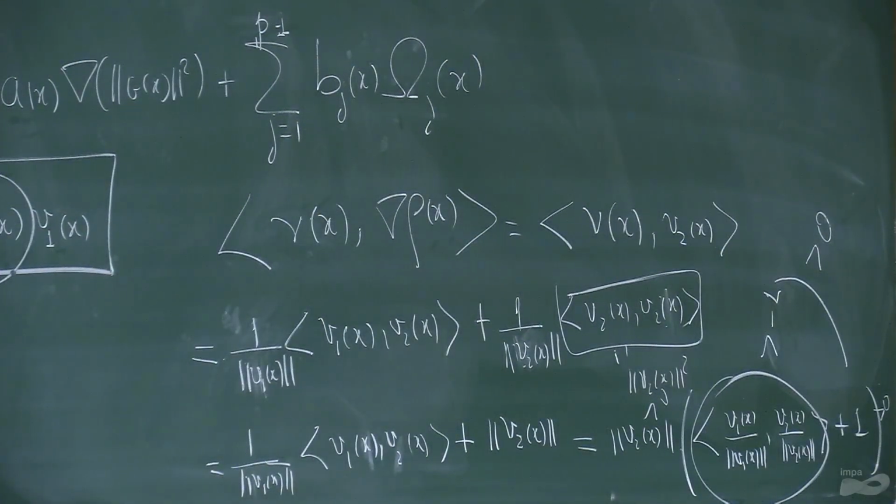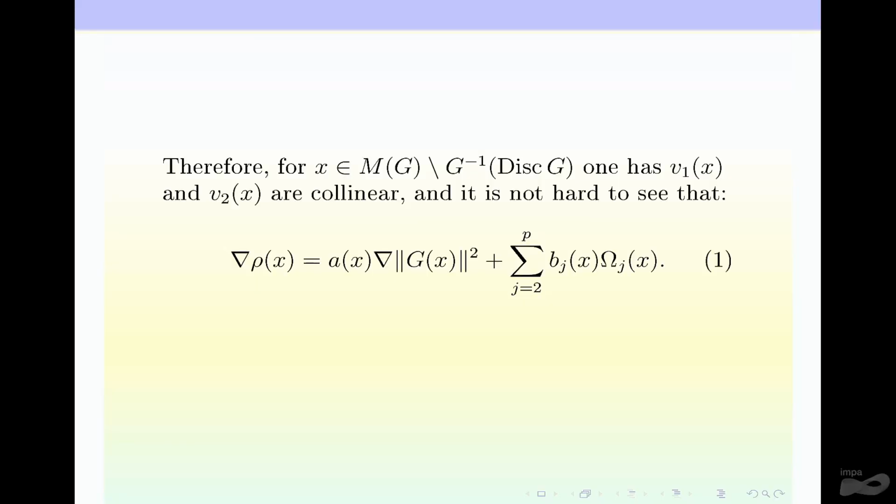So this is the standard way to check that. The same if you just change the gradient of rho x by the gradient of the absolute value of gx squared. Okay. So what I'm telling you is that this is the natural way to define such a vector field, satisfying these three properties.